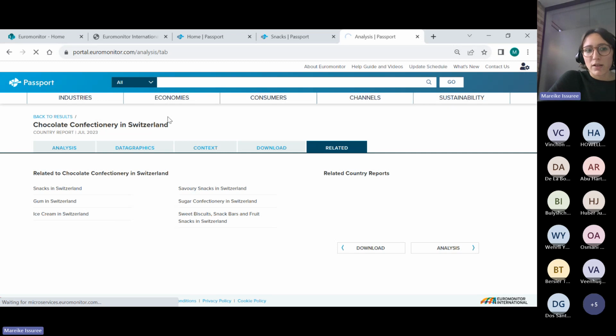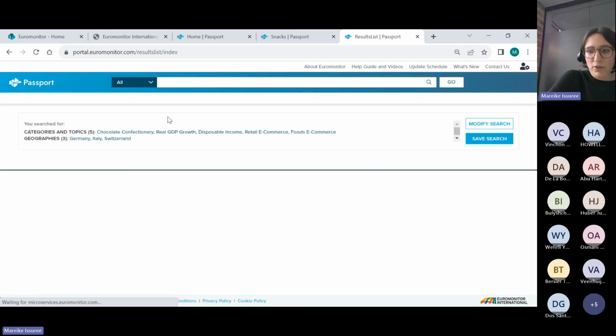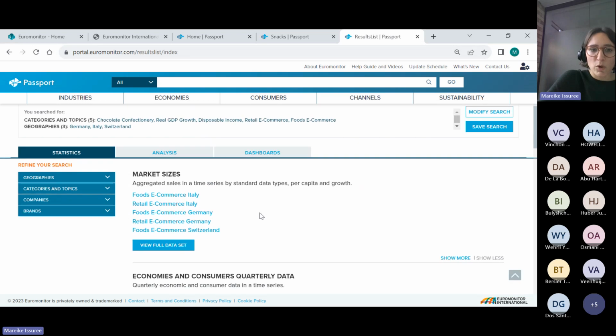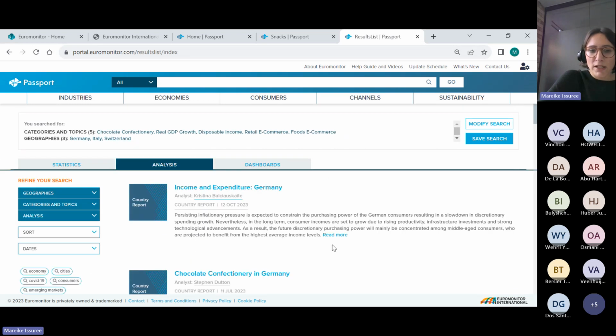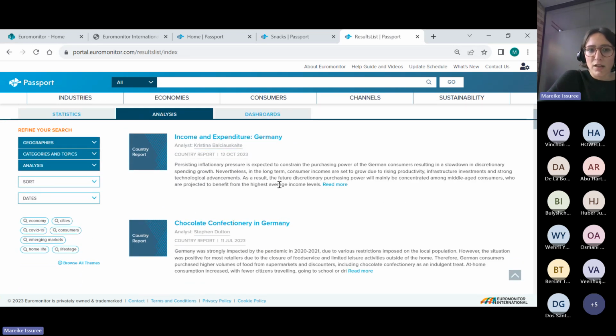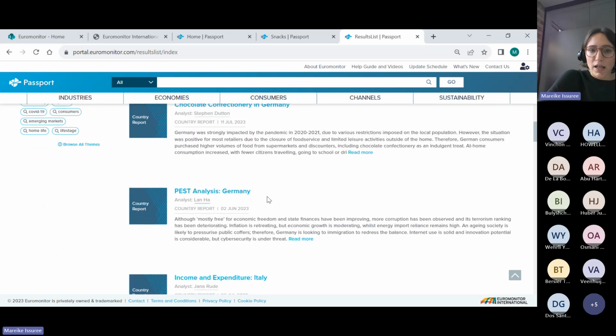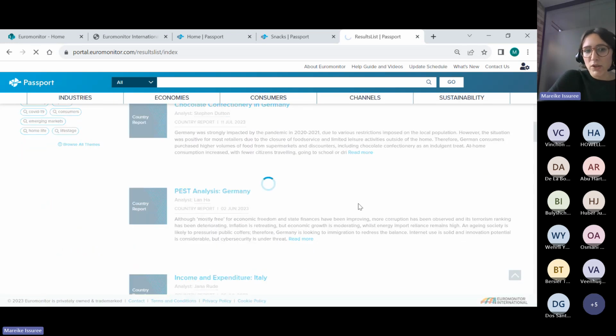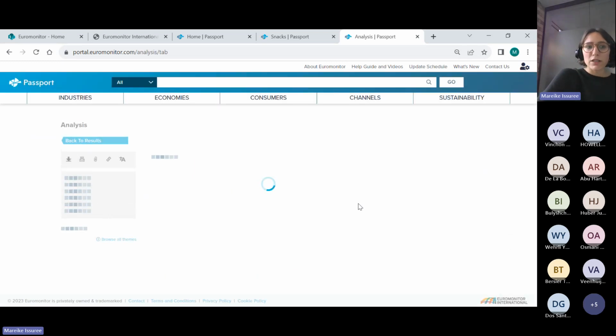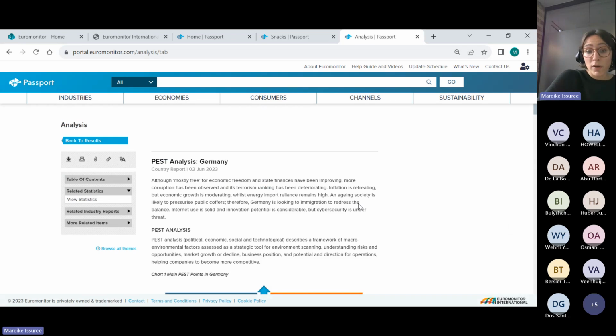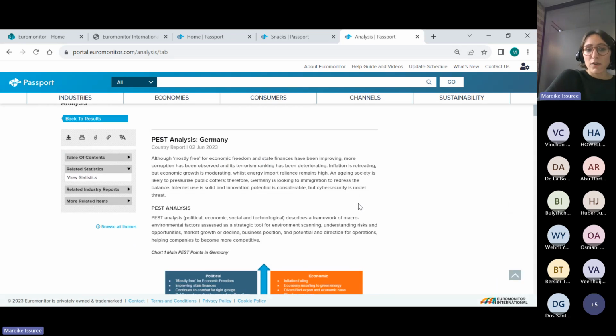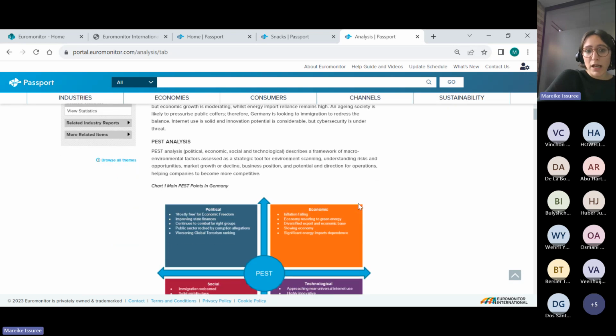So this is the way a country report for a specific industry looks, but of course there's so much more. There are the different economies and consumers reports, and a PEST analysis. If I jump into that, you will see it looks at the challenges and opportunities with regards to the political, economic, technological, and social environment. It gives a lot of detail about these different areas.